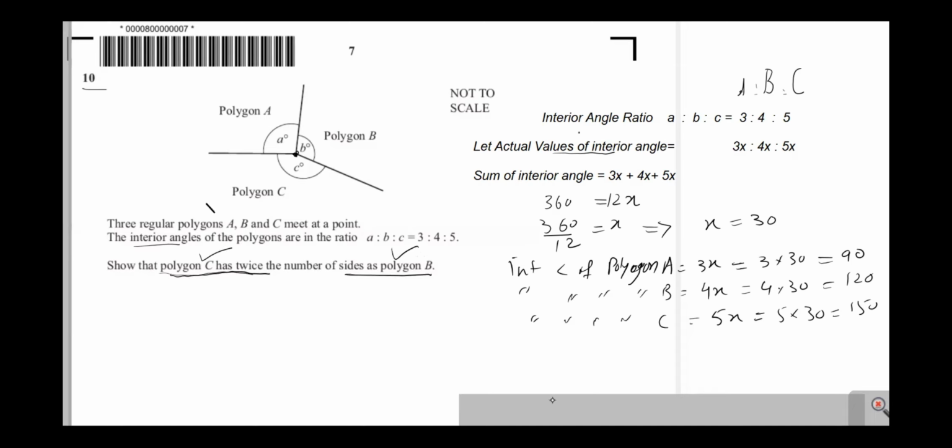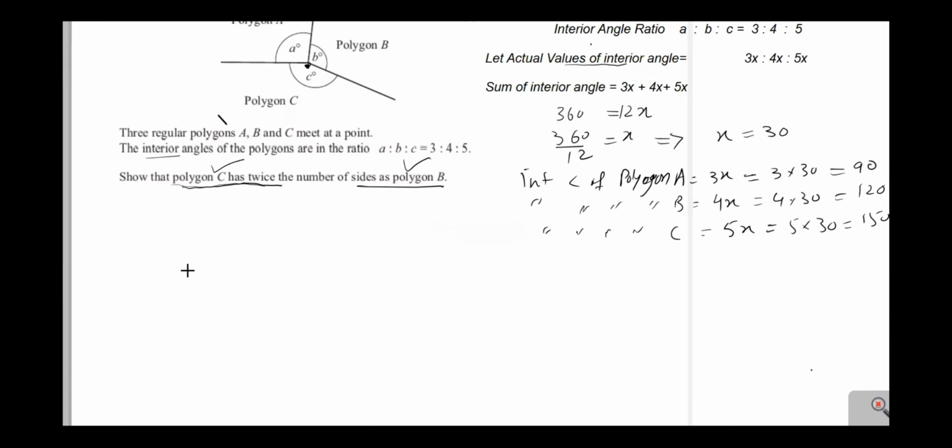To calculate the number of sides of polygon C, we use the formula: each interior angle of a polygon equals (n minus 2) into 180 over n. Here the interior angle of polygon C is 150.